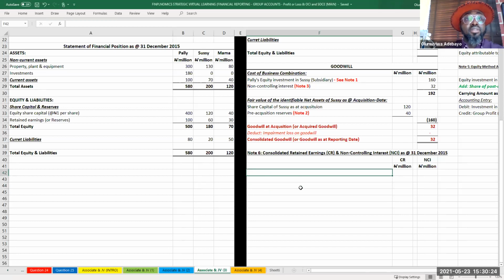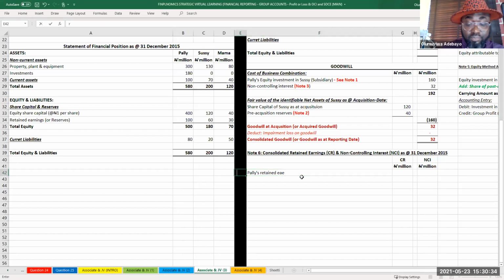Okay, now what do we do? We first of all bring in the reserve of the parent, which is in our balance sheet, was 100.